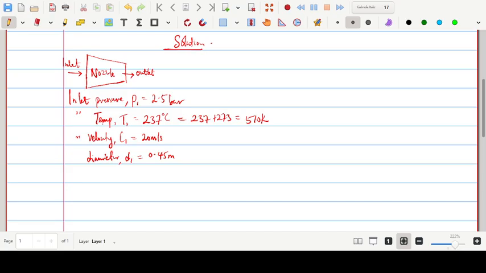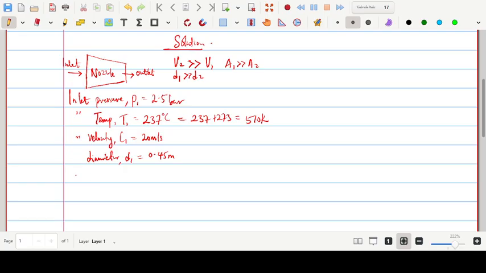You can see V2 must be way greater than V1 for a nozzle, and D1 must be greater than D2. You are going to see by the time we solve this question. If you solve and realize that our D1 is less than D2, definitely we are wrong. Also A1 should be far greater than A2.